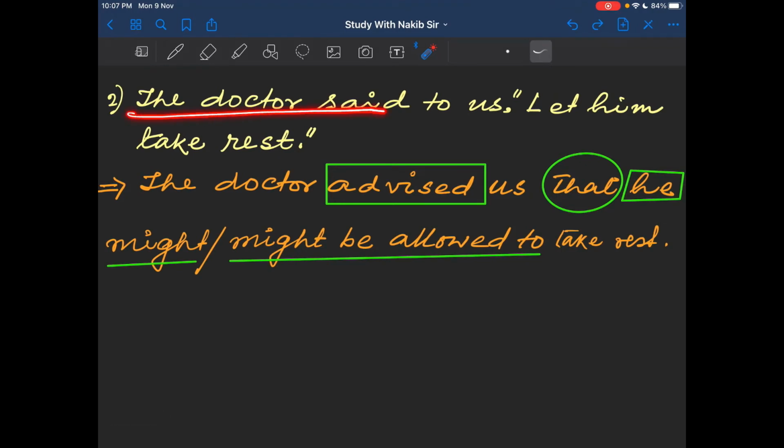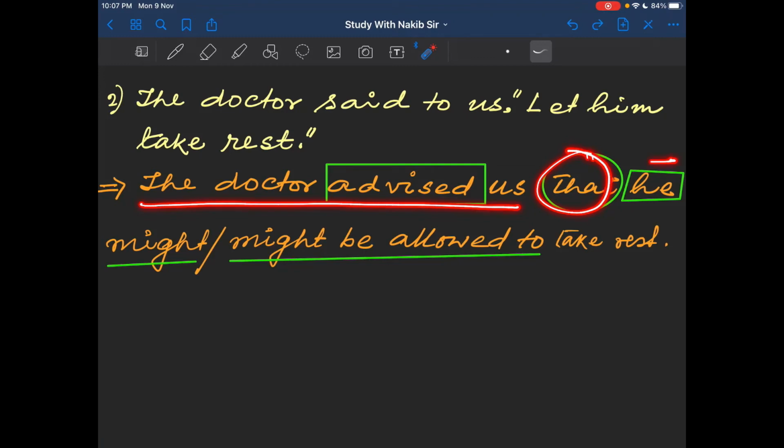Now see the second example. The doctor said to us, let him take rest. The doctor is saying, so obviously it is advice. So change the reporting verb to advise in the past tense. So the doctor advised us that, and after that the subject will be there, and when let is out, him is immediately changed to he.